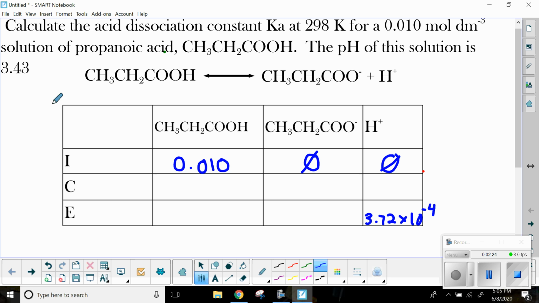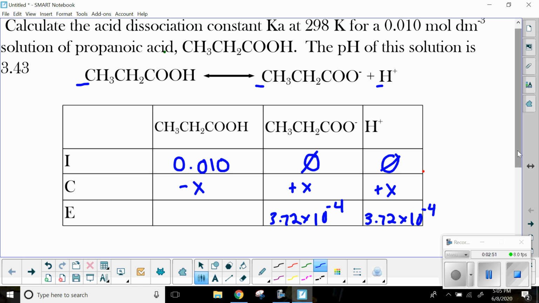I know that I am in a 1:1:1 ratio. So I'm going to lose some amount of moles of my propanoic acid, and I'm going to gain the same amount here and here. And again, since I'm in a 1:1 ratio, I know that this also has to be 3.72 times 10 to the negative fourth.